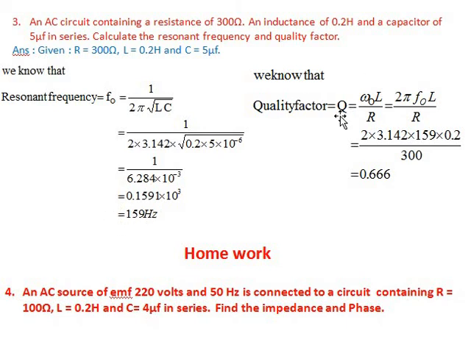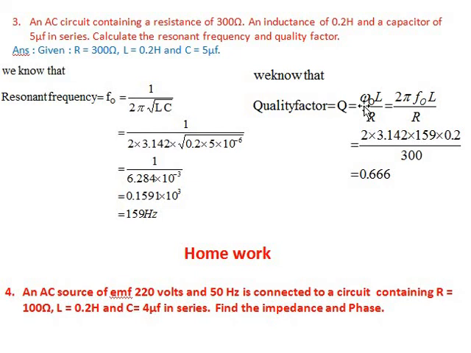Now quality factor. There are three relations to find the quality factor, in which we take quality factor Q equal to omega naught into L divided by R. Dear students, while deriving the relation, we took this relation from that derivation.